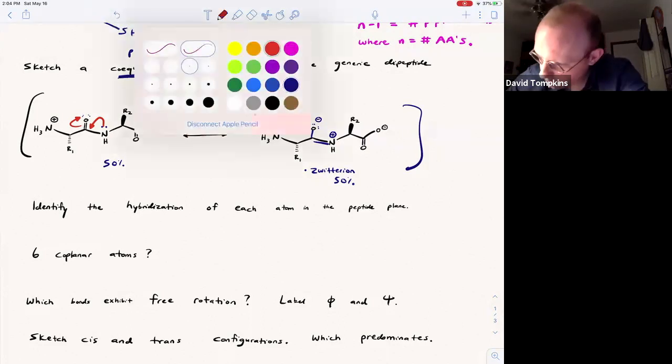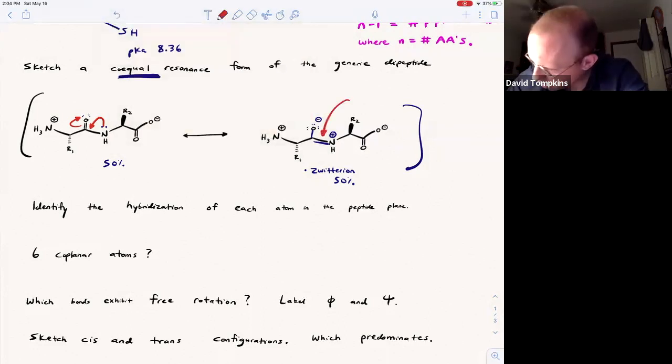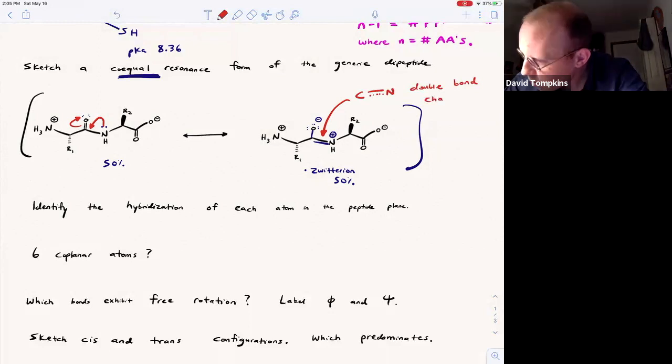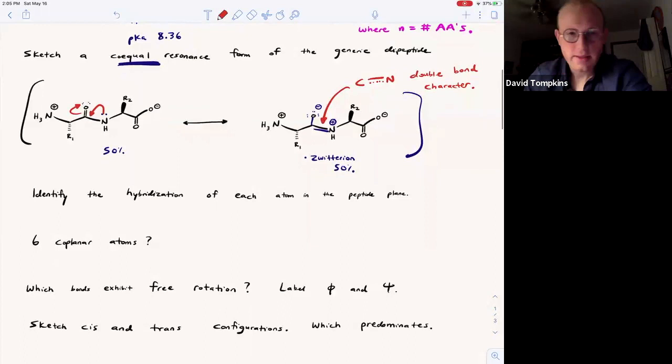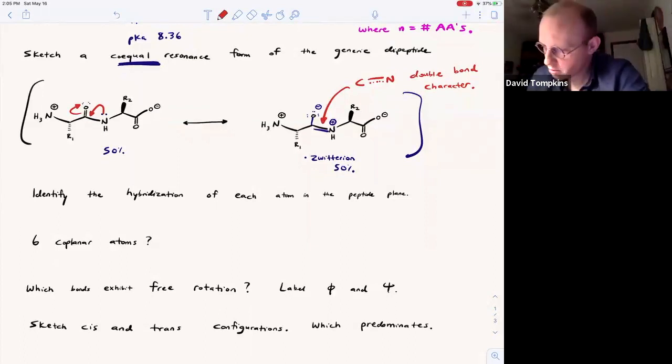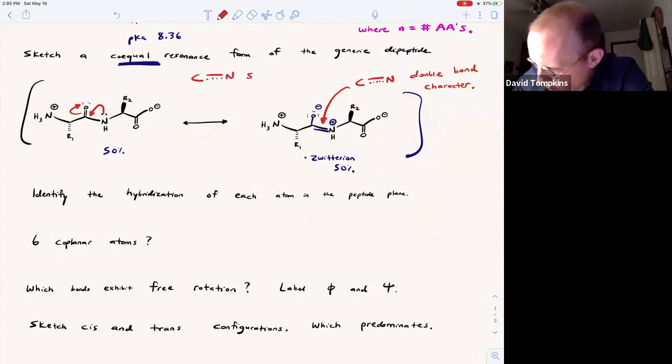And what we can see now is that there's double bond character, where you have C partial double bond N. Which means that the CN bond is especially strong and stable. And thus it's much stronger than a single bond.